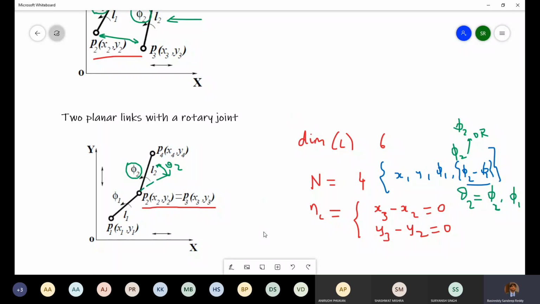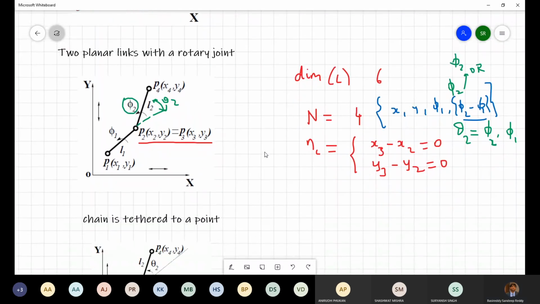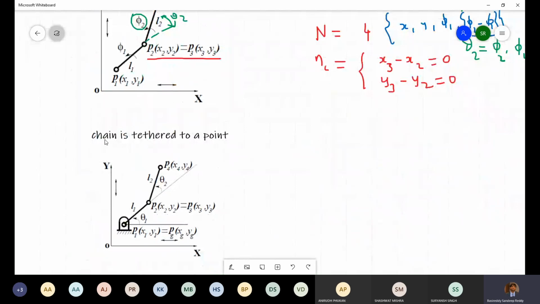So now let us take it one step ahead. Suppose this chain is fixed at a point given by this PG. So now can you tell me what will be the dimension of C, what will be N, and what are the constraint equations?